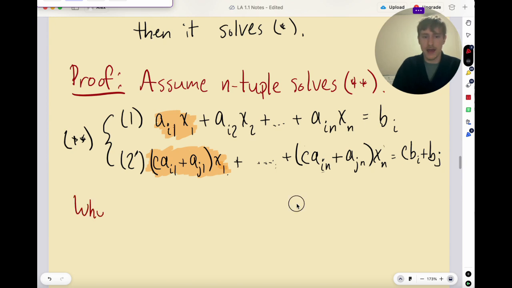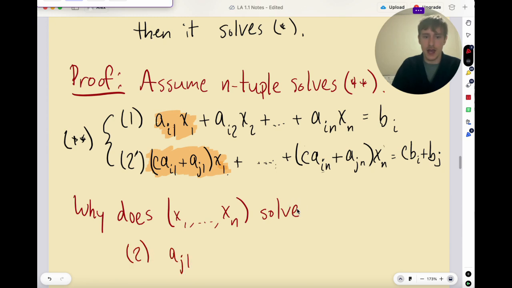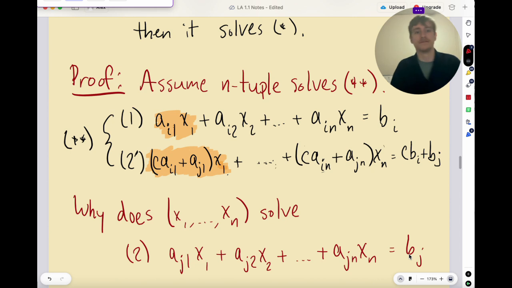So why does x1 through xn solve the original equation 2, which remember was just aj1 x1 plus aj2 x2 plus yada yada yada plus ajn xn equals bj.